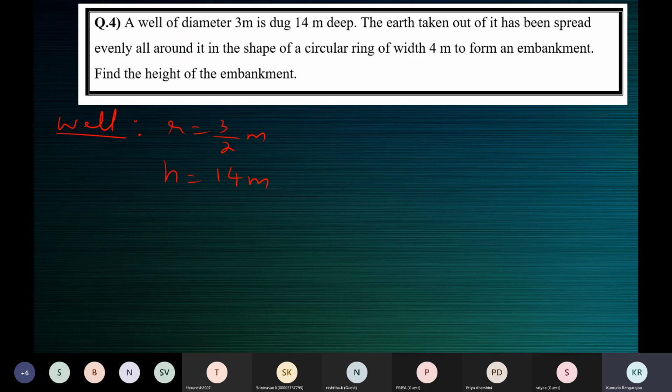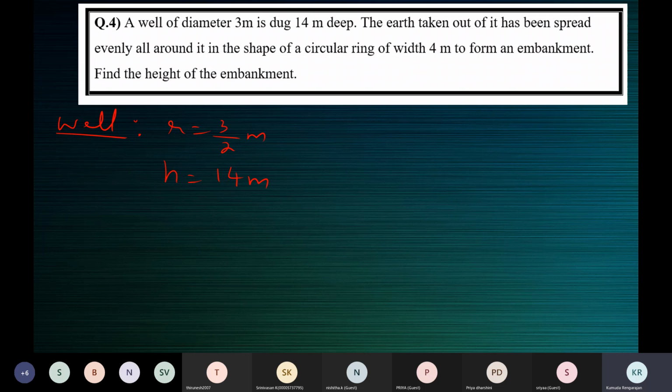All the earth that is removed in the process of making the well is used to build the wall, the embankment around the circular mouth of the well.